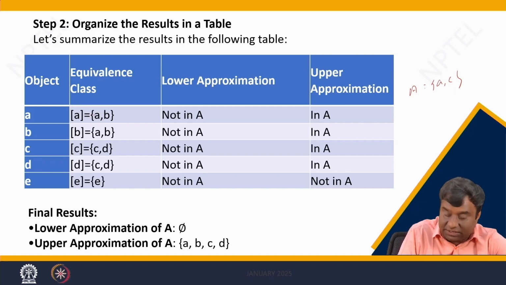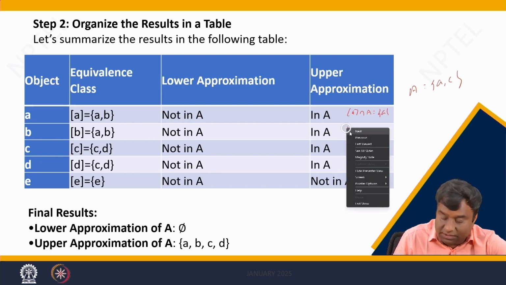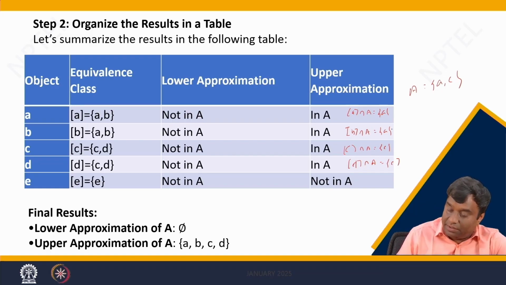For A, the intersection is A, here also the intersection is A, here it is C, here it is C. So B intersection A is A, C intersection A is C, and D intersection A is C. So A, B, C, D are present in the upper approximation.